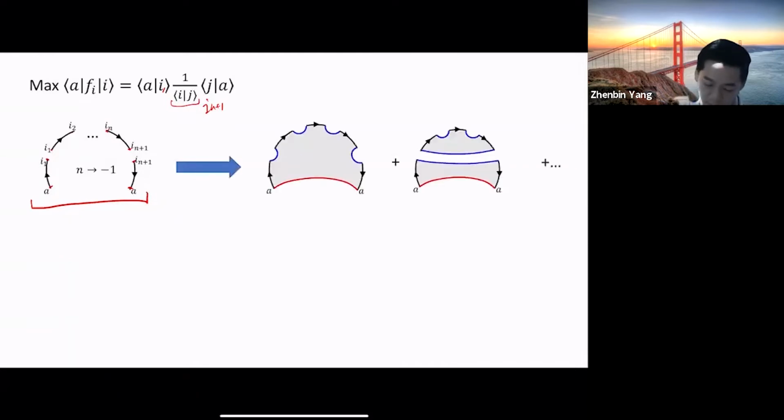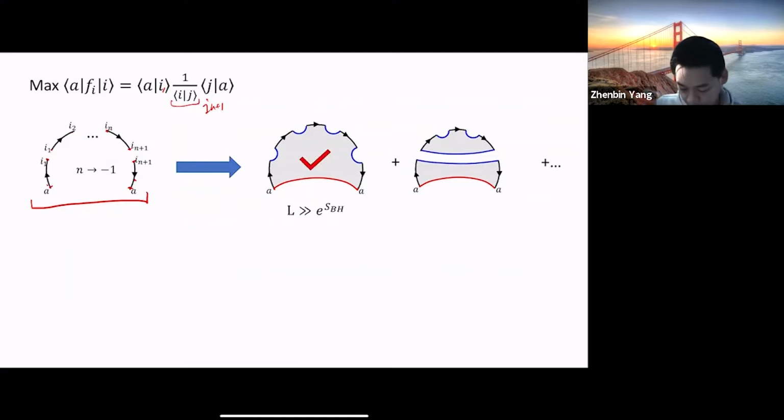Since the state A is orthogonal to any other state of the I, the only non-zero gravitational contribution requires a connected geometry between the first and last boundary. And then in the middle, you can have connected or disconnected geometries. Those all give you different non-zero answers.